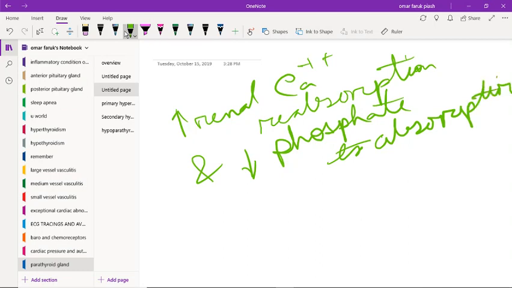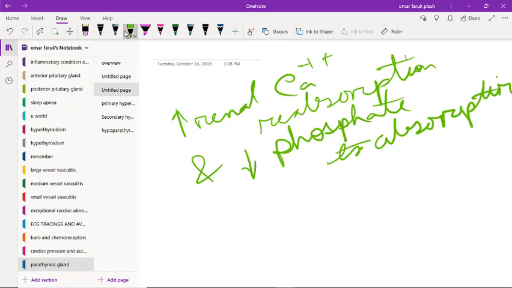This is the most important thing. Actually, it grabs calcium and dumps phosphate, and by dumping phosphate, you can increase free ionized calcium.